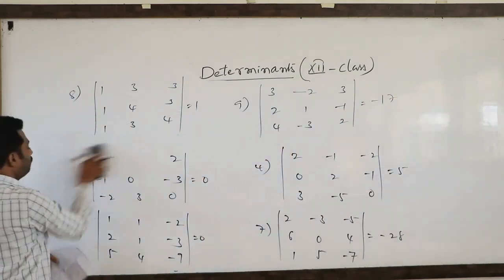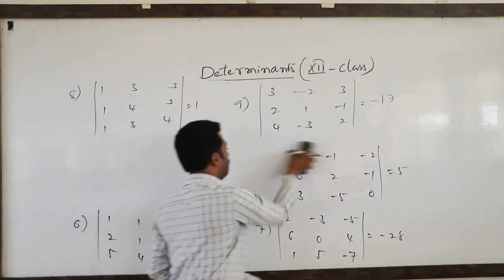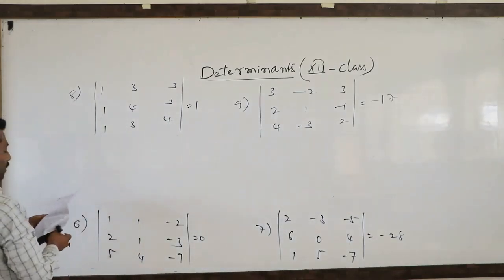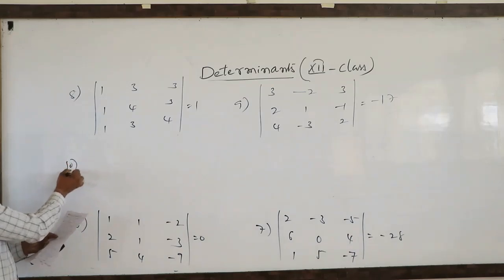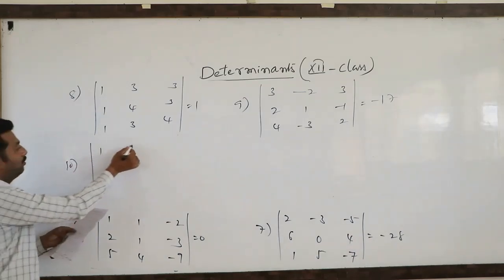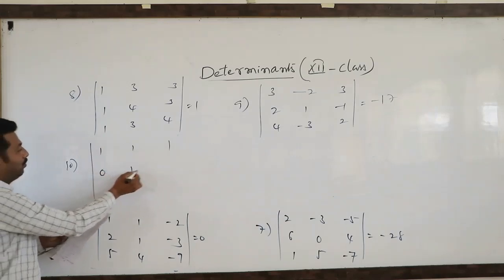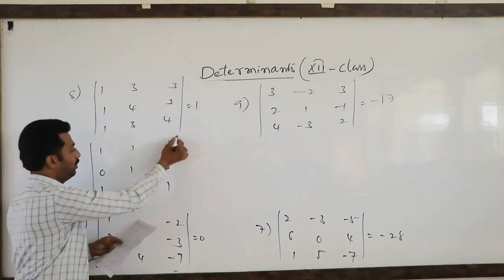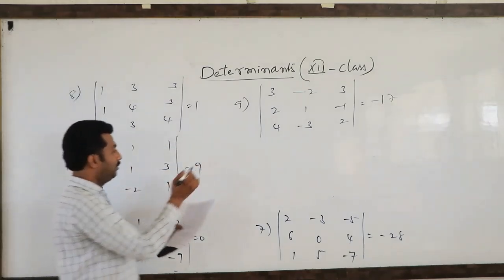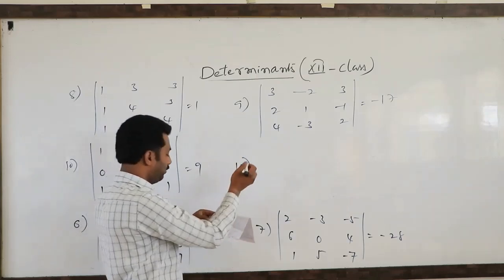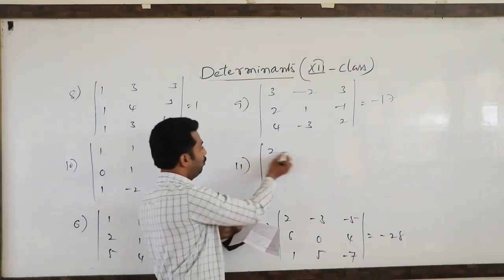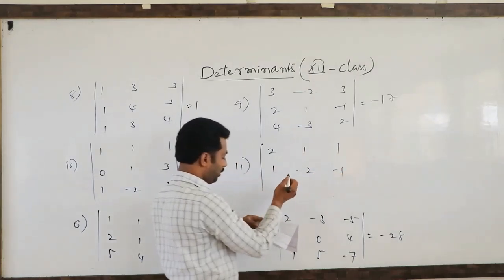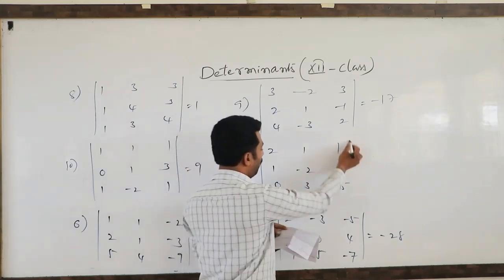Next, question number 10, determinant of 1 1 1, 0 1 3, 1 minus 2 1, equal to 9. Question number 11, determinant of 2 1 1, 1 minus 2 minus 1, 0 3 minus 5.